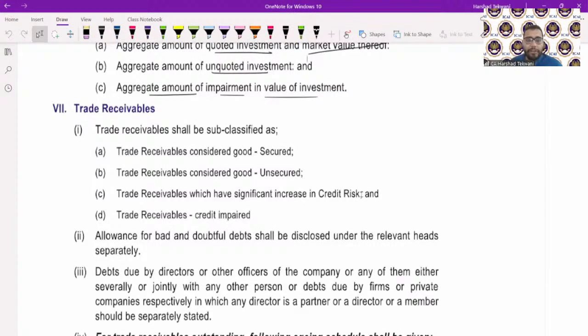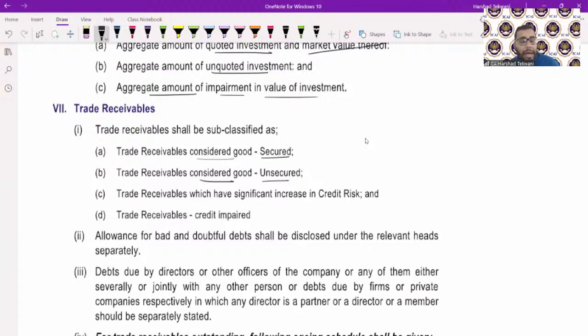Unlike division one, where we used to show secured considered good, then unsecured, and then there was one doubtful. However, over here there is a bit of change. The change is you need to provide whether considered good, secured, yes; considered good, unsecured, yes.